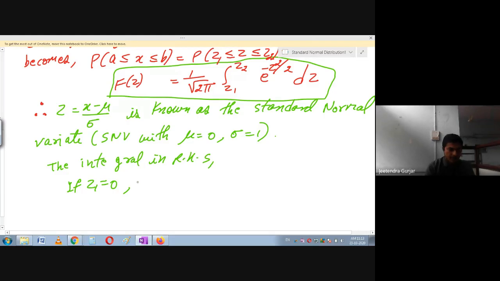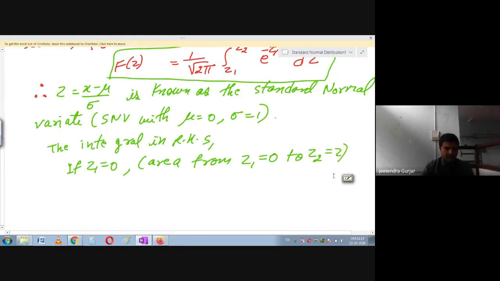This formula is very important to solve the example. In the previous lecture you have seen we have calculated the area. So here we take z1 equal to 0, and z2 will become z.